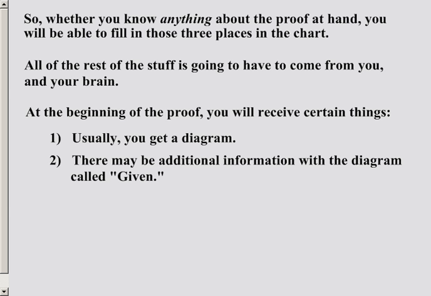As we told you, a lot of times if they cannot draw the diagram without cluttering it up with too much information, they will write it beside the diagram, in this case with a proof that is called given information. And they're going to have to tell us what it is that they want us to prove. They can't just give us a diagram and turn us loose without a goal for the problem. So they're going to have to tell us what it is that we're supposed to prove.